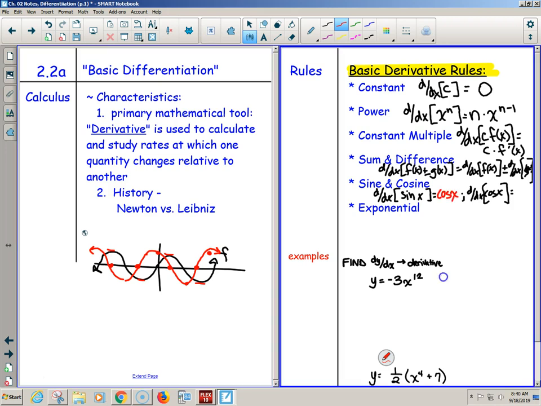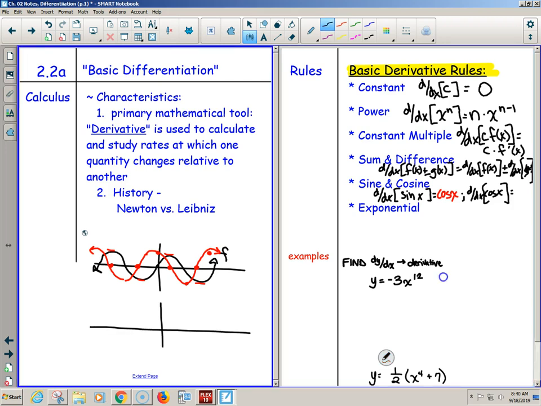And cosine might be just a little bit harder. Now let's have the graph of cosine. It has zeros too, right? Here's a 0, here's a 0, here's a 0. What's its slope here?